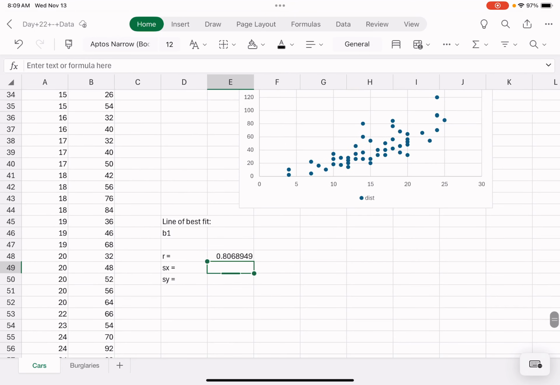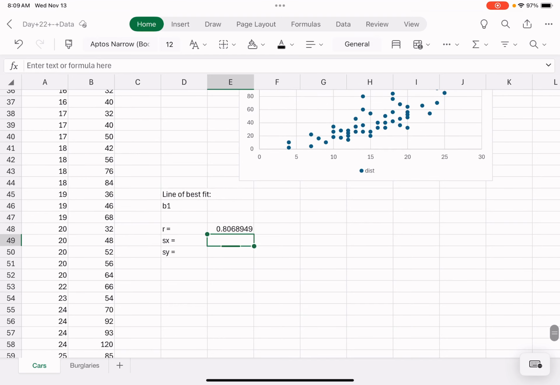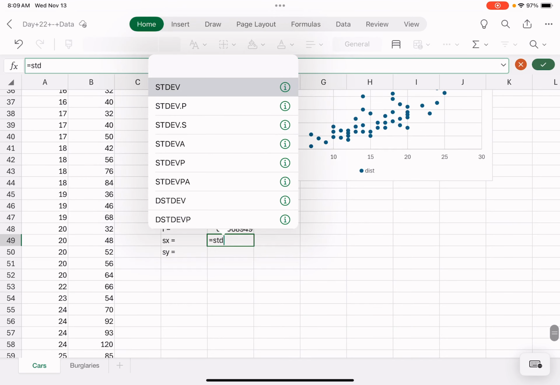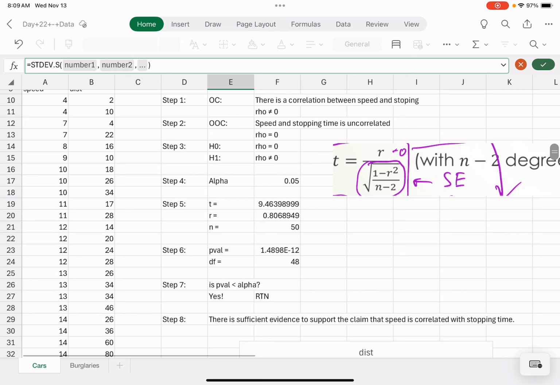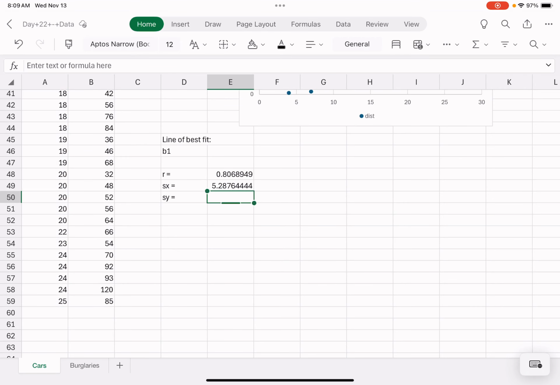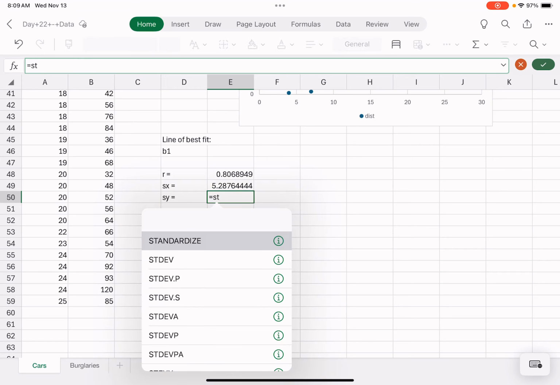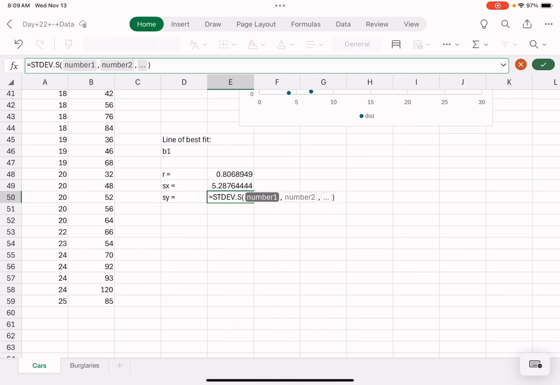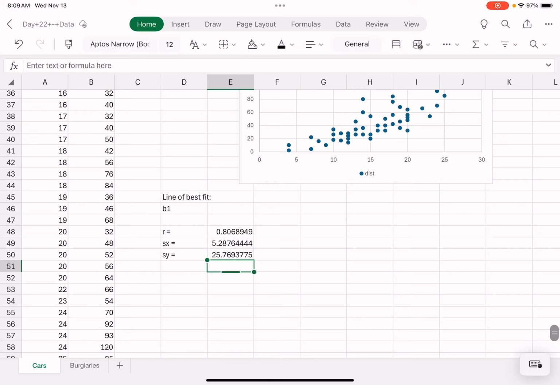Okay, now I need SX and SY. I'm going to do equals stdev.s, select this, down to there, enter. There's my standard deviation for my x variable, or my explanatory variable. Then I'm going to find the standard deviation for my response variable, stdev.s. All right, there we go.